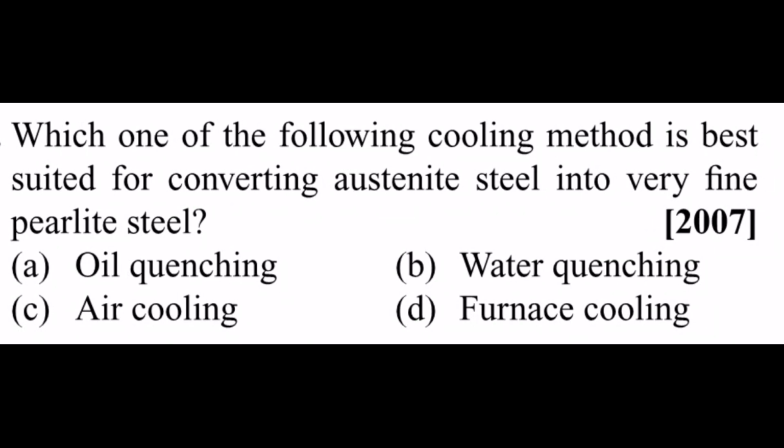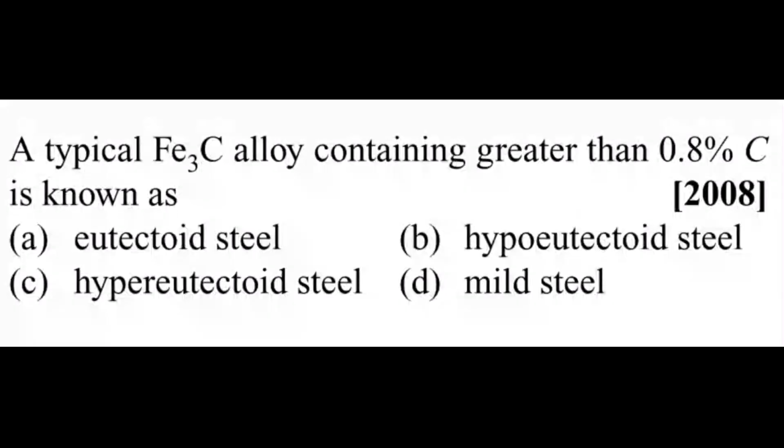Which one of the following cooling methods is best suited for converting austenite steel into very fine pearlite steel? Air cooling. A typical Fe-Fe3C alloy containing greater than 0.8% C is known as hypereutectoid steel.